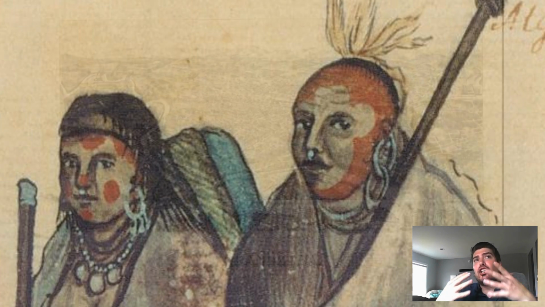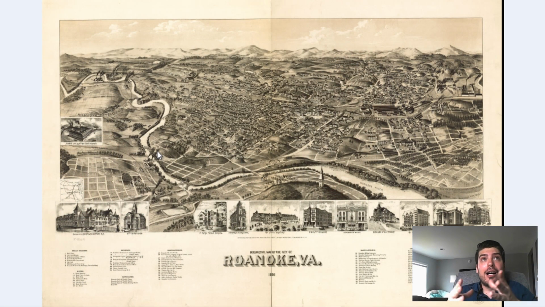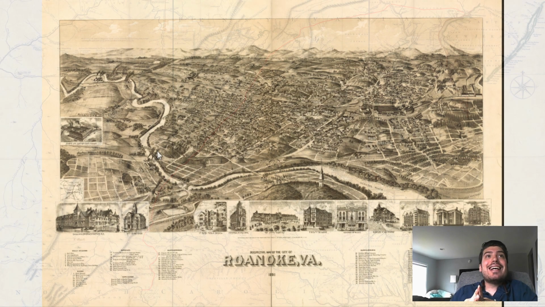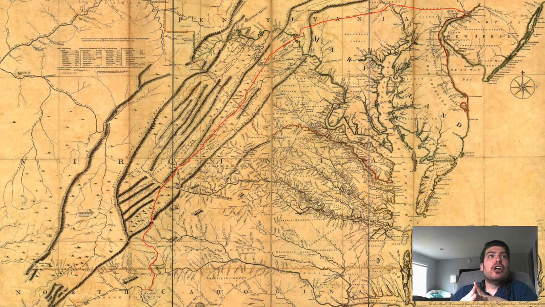Throughout the colonial era, Roanoke was situated in an important location that really facilitated it as a transportation hub. What is known as the Great Wagon Road was the most popular traveled road in 18th century America, and was a trail running from Philadelphia to the city of Roanoke.